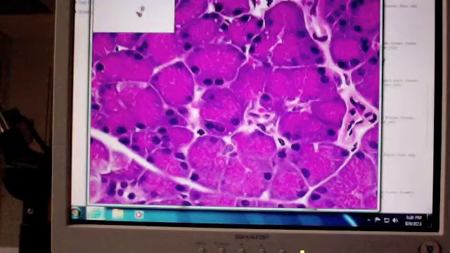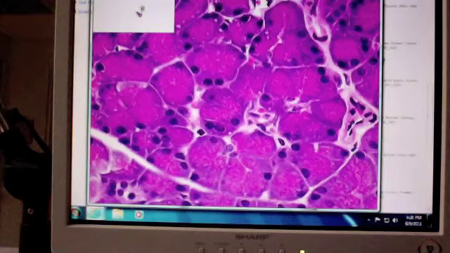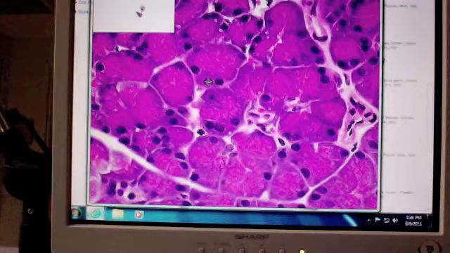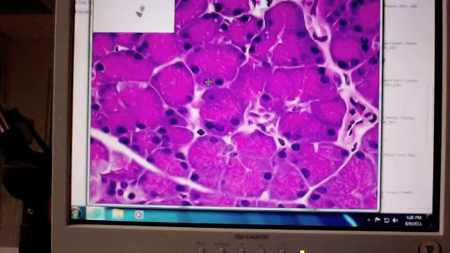How do you know the difference between the compound and simple gland? At this magnification, and remember, when you're thinking about magnification, look at the nuclei, because the nuclei don't vary a lot between cells. Cells can be all sorts of different sizes and shapes, but generally their nuclei are about the same size. This happens to be a rounded cell, so its nucleus is nice and round.